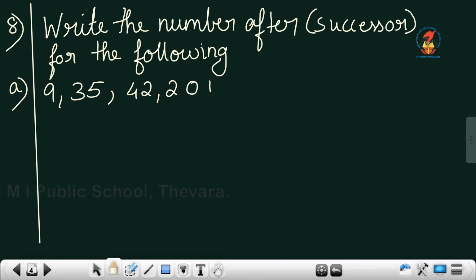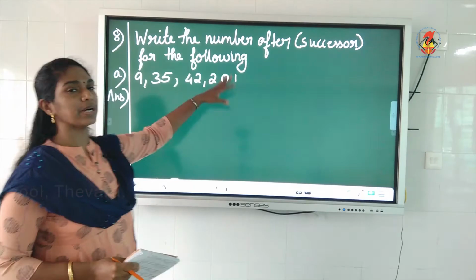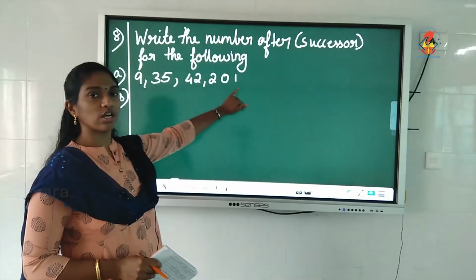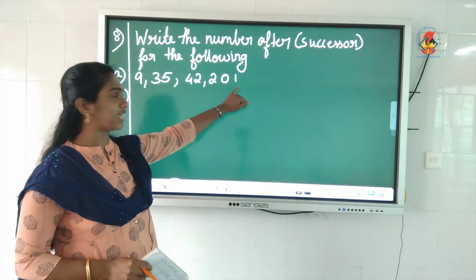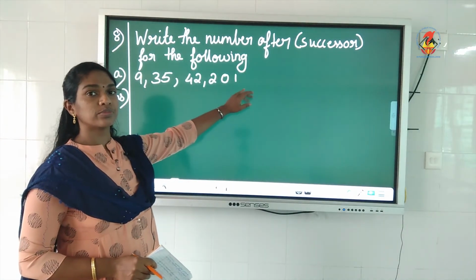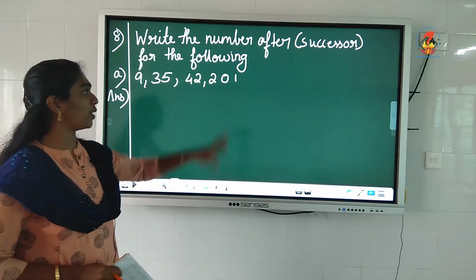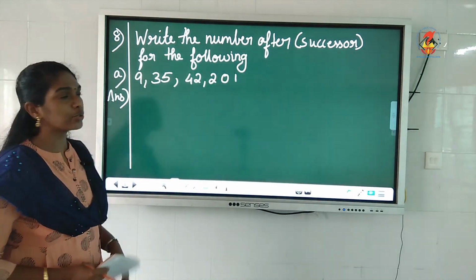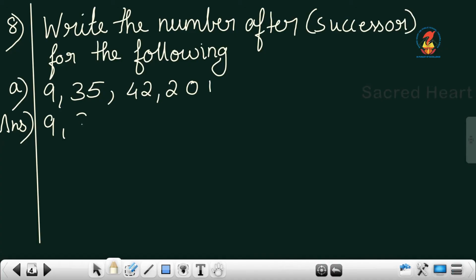Here, now it's number after. Again, check your number in the ones place. What you have to do? Just add 1 to that. So, when you add 1 to 1, what you get? You get 202. So, 9 crore 35 lakh 42,202. Clear?